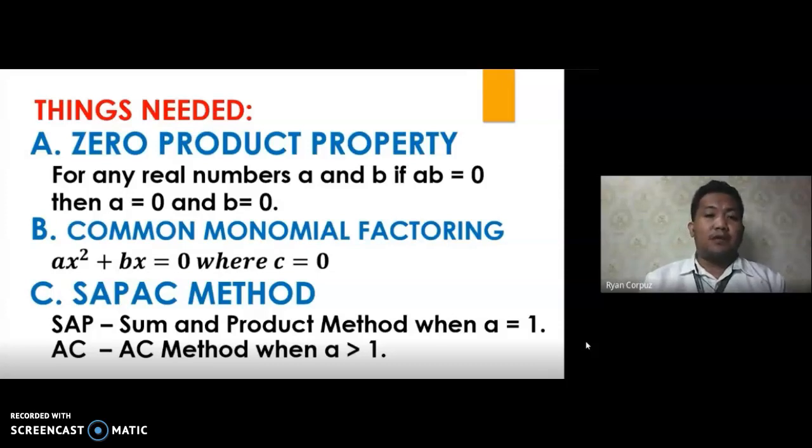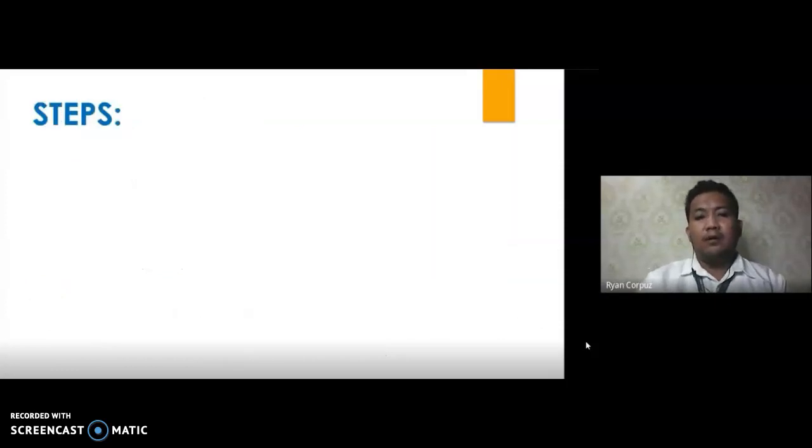And of course, in order for us to understand how to solve quadratic equation by factoring, it would be best if we apply certain steps. The steps that we will apply, we are going to hide through an acronym.